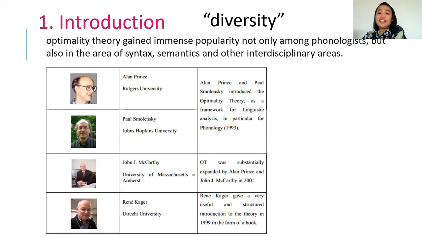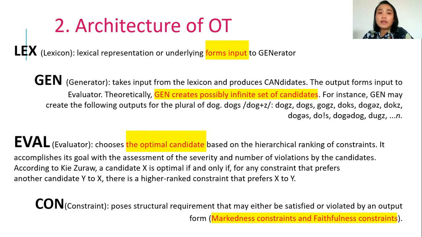And then in 2001, there was John McCarthy from the University of Massachusetts. He expanded the theory of Alan Prince and Paul Smolensky of the optimality theory.